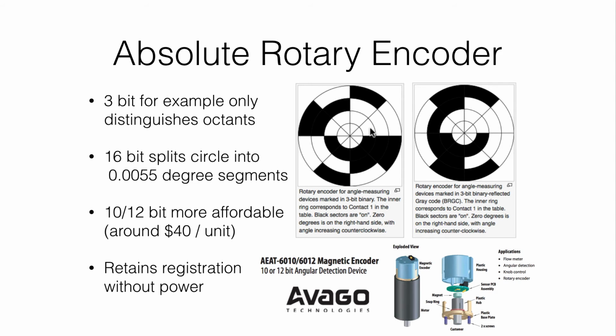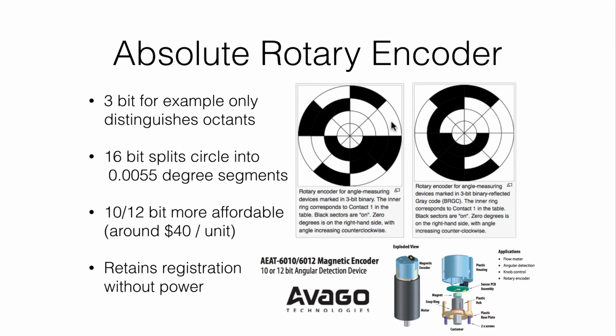So if we think in binary, that's 0, that's 1, this is 2, that's 3, 4, 5, 6, 7. So we've got binary numbers encoded onto this sort of pie chart in a way that allows us to read from 0 up to 7 as we go around.